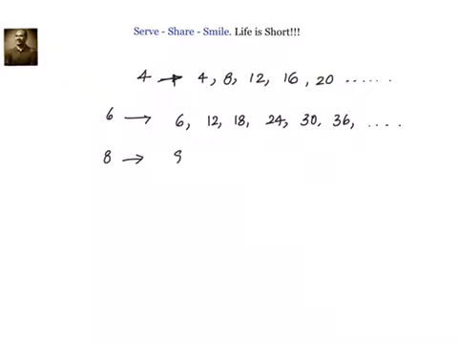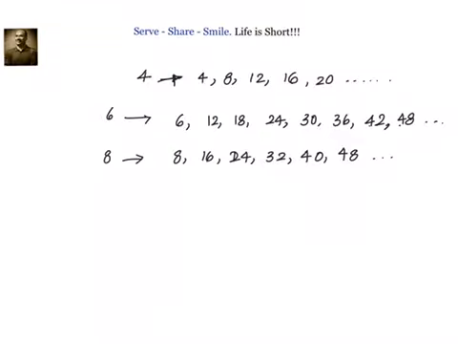Multiples of 8 are 8, 16, 24, 32, 40, 48. Here we can also do a little bit more, 42, then we have 48, and we can go on.